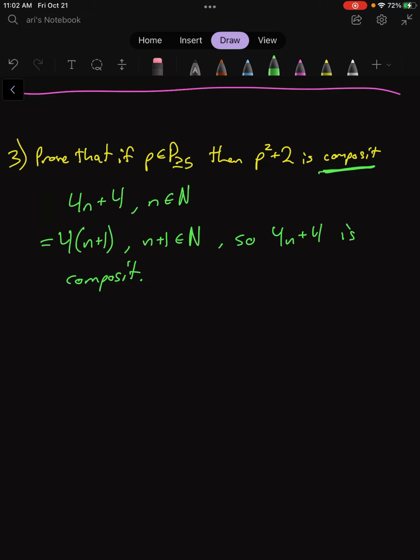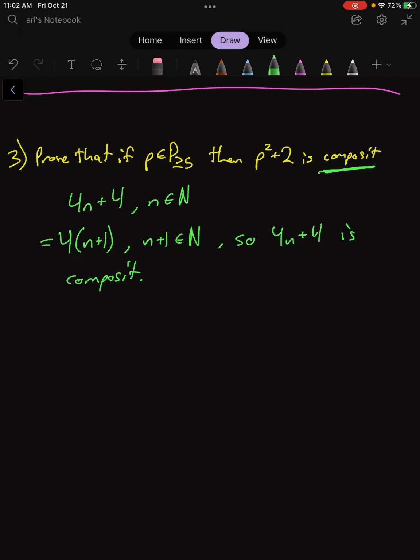And we could think of some examples in our head again, like if we plug in 5 for our p, then we have 25 plus 2 is 27, and we know that's composite because it's 9 times 3. And if we plug in 7, we get 51, which must be divisible by 3. Yeah, 17 times 3.